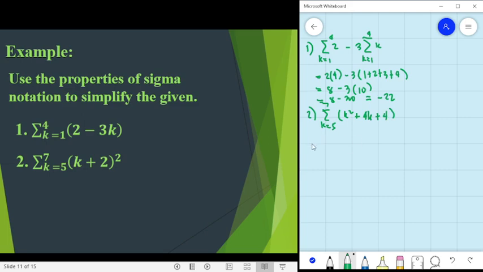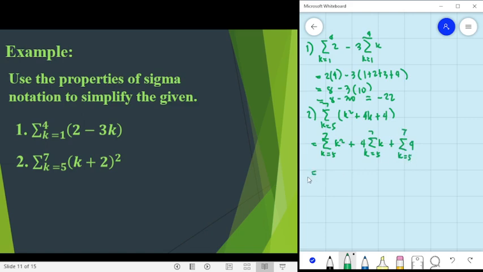So in this case, we can now have the summation of k squared, wherein k runs from 5 to 7, plus 4 times the summation of k, wherein k runs from 5 to 7, plus the summation of 4, wherein k runs from 5 to 7.